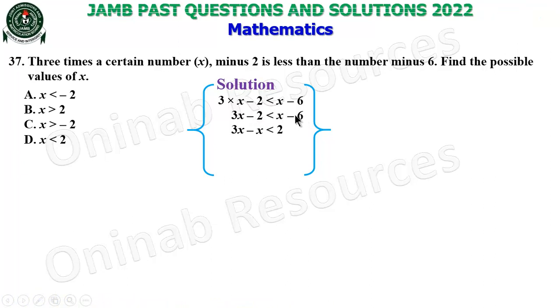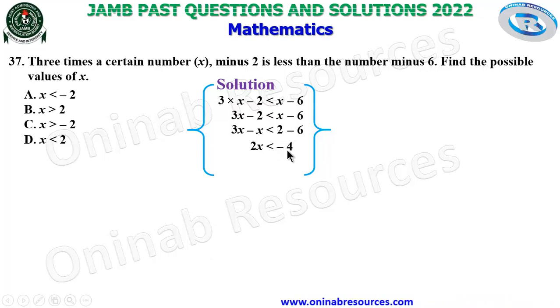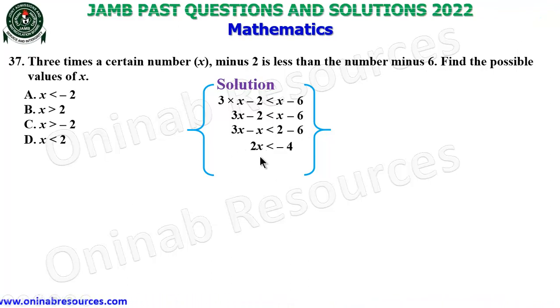It becomes 2 then minus 6. 3x minus x gives 2x. 2 minus 6 gives negative 4. So we have 2x less than negative 4. Dividing both sides by 2, x is less than negative 2. And that is going to give us option A. That's all for problem 37.